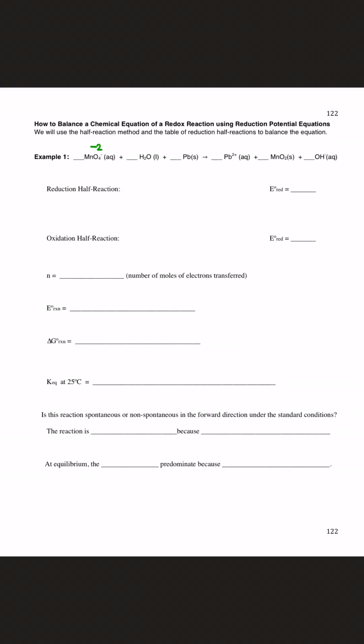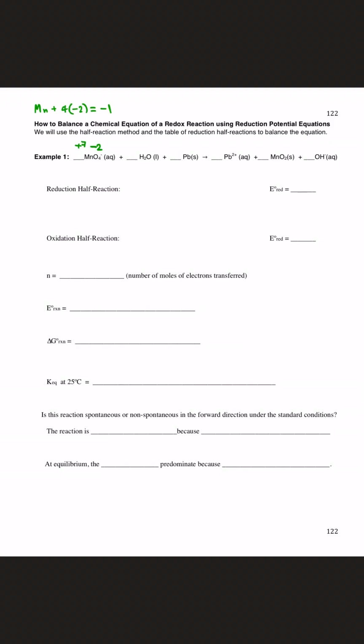In order to solve for the oxidation number of manganese, it would be manganese plus 4 oxygen times -2 for each oxidation number of oxygen, right? Set this equal to -1 because overall these ions have the charge of -1. So for this, you are going to obtain the oxidation number of manganese to be +7.